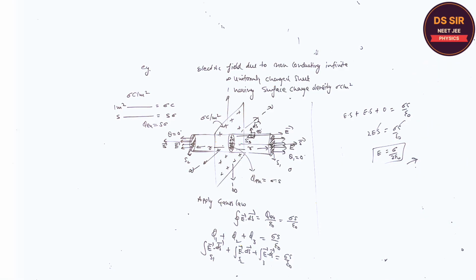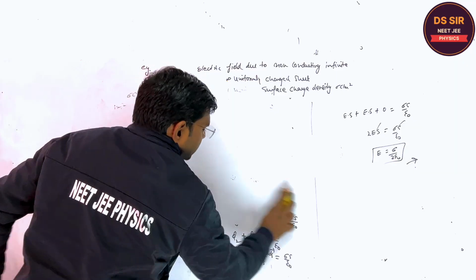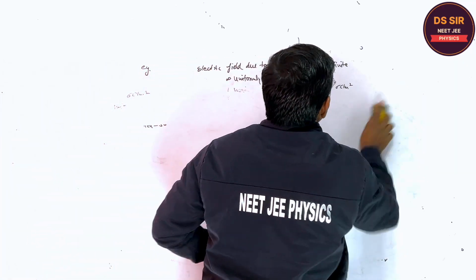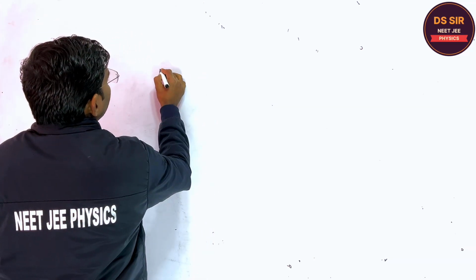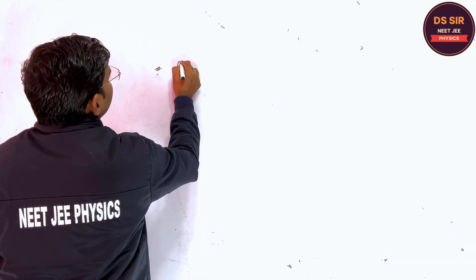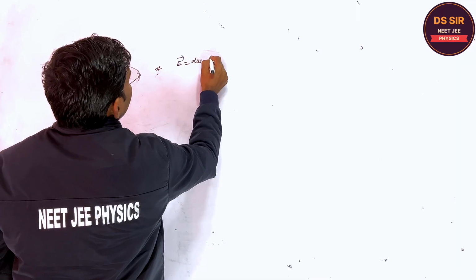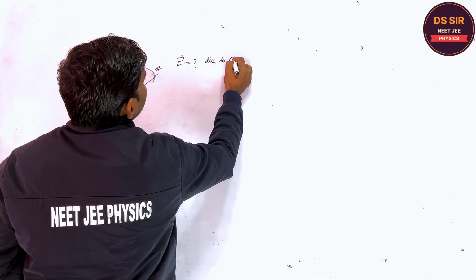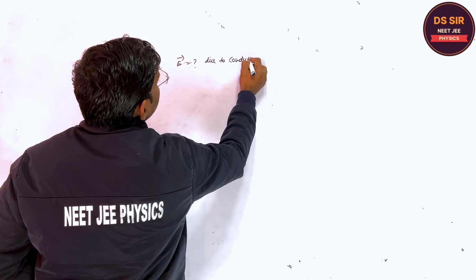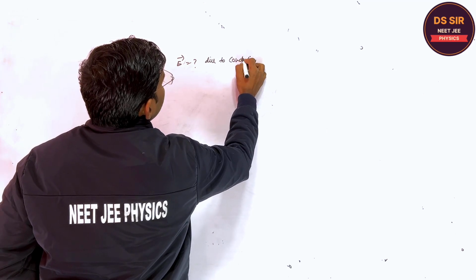Copy this fast. So this is the electric field due to a non-conducting sheet. Now you have to find the electric field due to a conducting sheet.